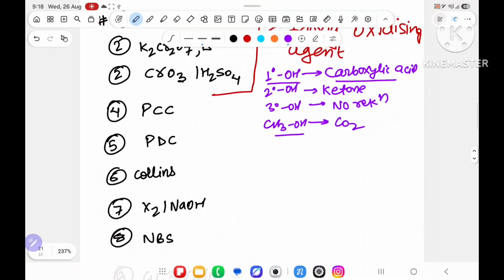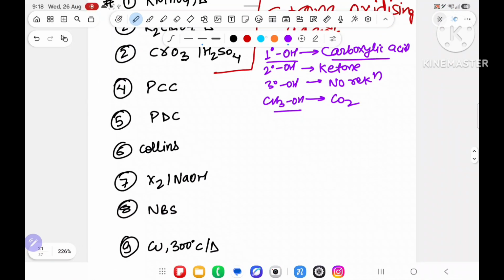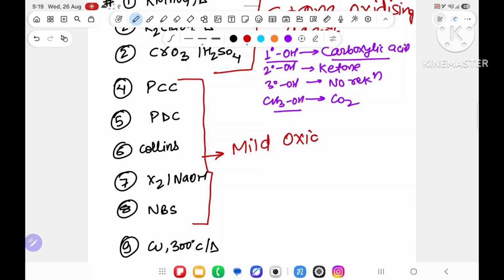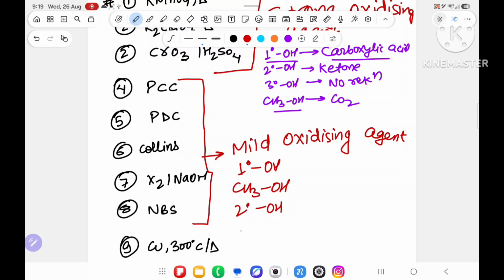Out of these, the remaining reagents, from 4 to 8, are known as mild oxidizing agents. In this case, for 1 degree alcohol, CH3OH, 2 degree alcohol and 3 degree alcohol: 1 degree alcohol is converted into aldehyde, not carboxylic acid.